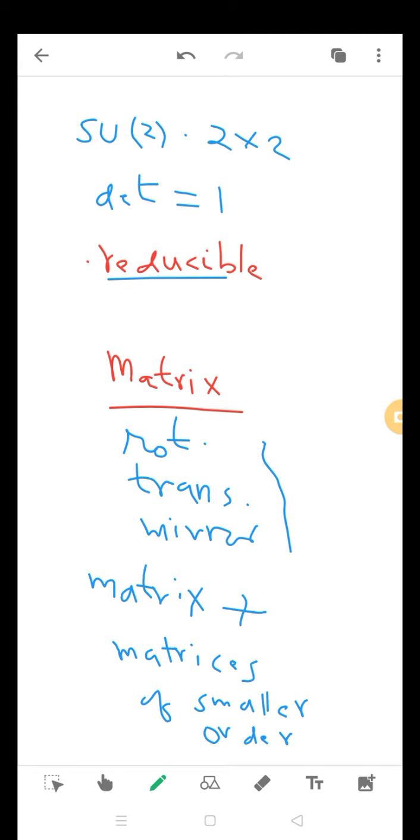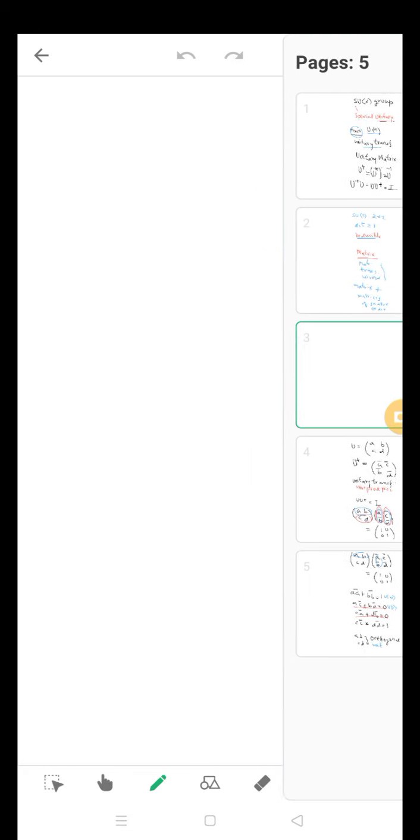So SU2 is a reducible transformation, and it can break up into a 3 plus 1 reduction. 3 plus 1 means there is a 3-dimensional representation and a 1-dimensional representation.